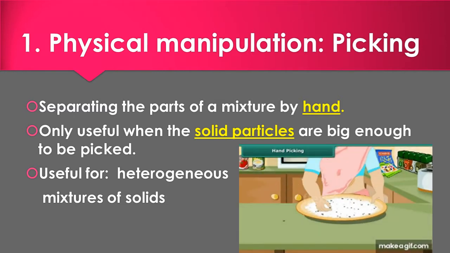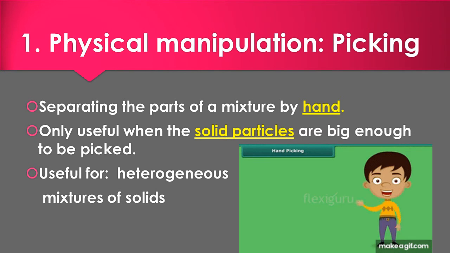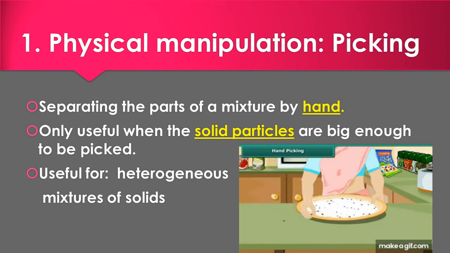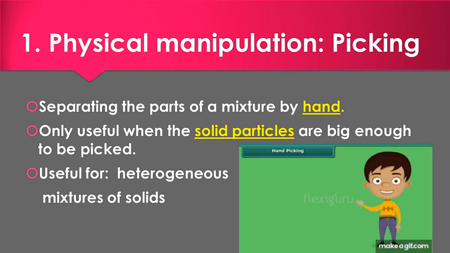So I have here an example. If you try to get rid of the stones that are mixed with the rice, you pick the stones one by one to separate them from the rice grains.